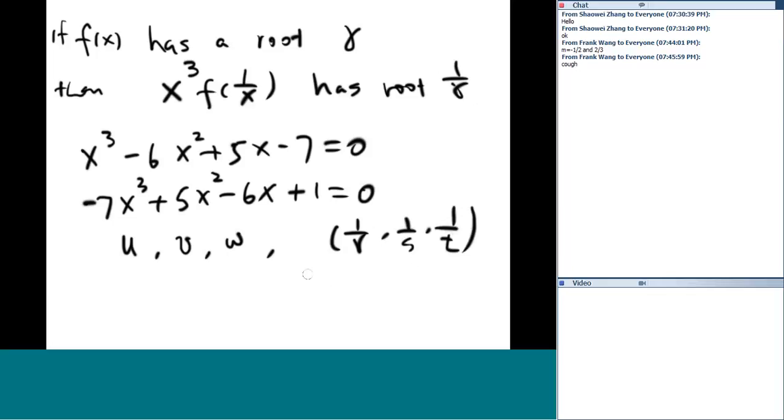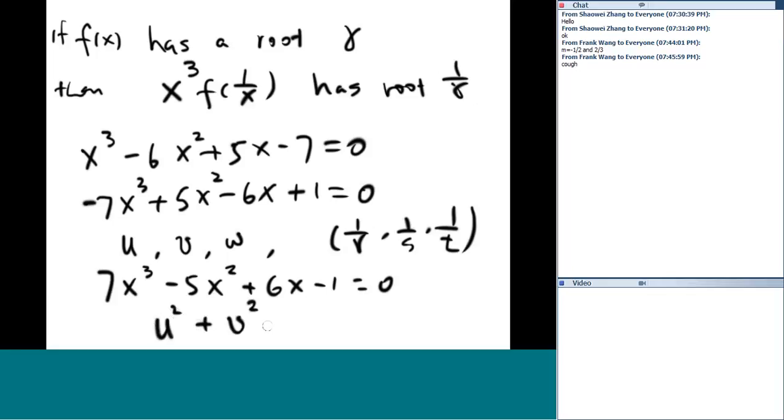Okay, now I ask you to calculate u squared plus v squared plus w squared, right?